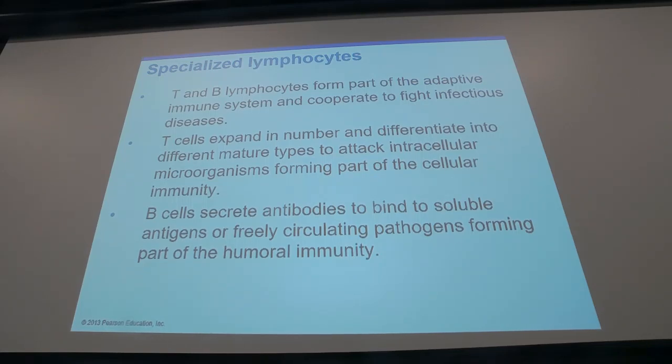What do humoral and cellular immunity mean? Well, cellular immunity is produced by the T cells so that they can destroy cells that are intracellularly infected.